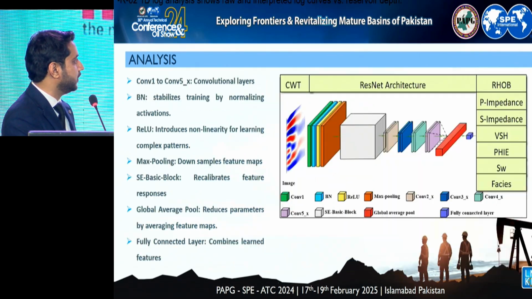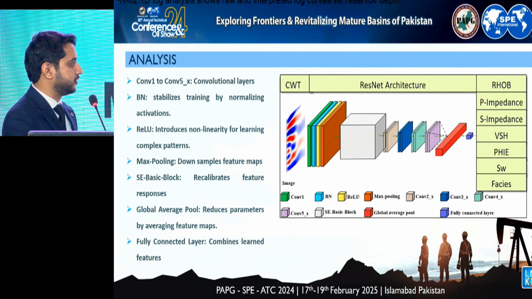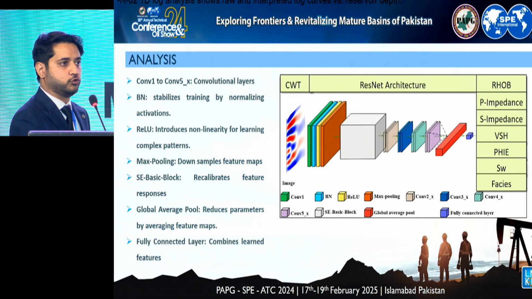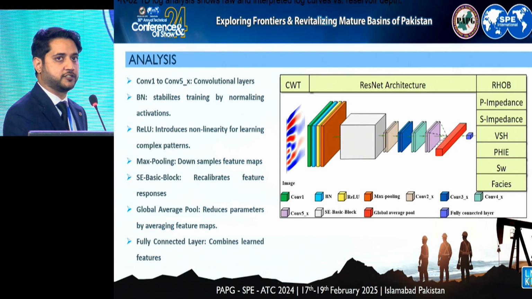So this is a small diagram of the ResNet architecture. It uses a series of convolutions to establish some kind of a relationship between our petrophysical analysis and the CWT technique that we are using on the seismic.